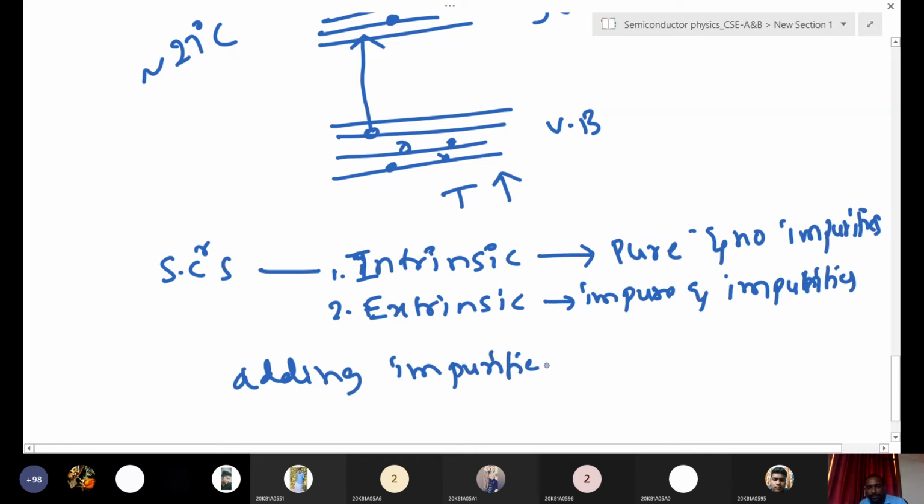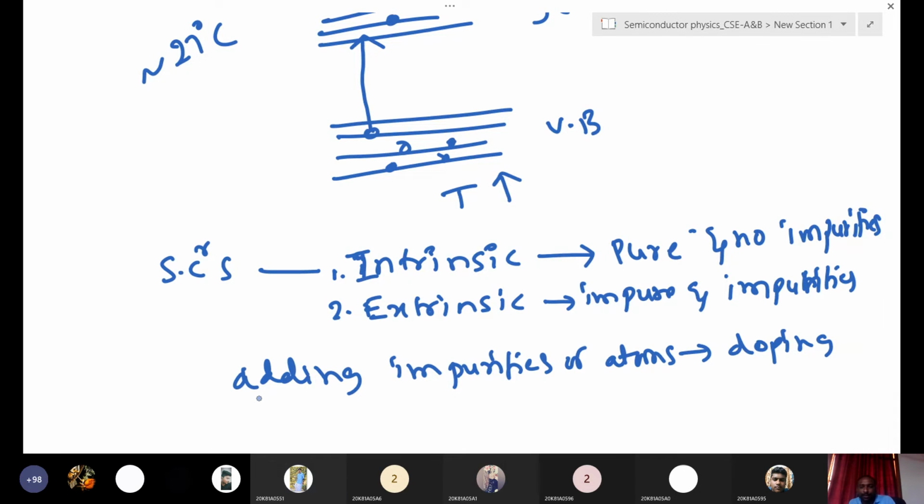Doping means that if you have a pure semiconductor, we are adding some elements or impurities. Impurities are some other atoms, neighboring atoms or some different atom. This process we call doping.